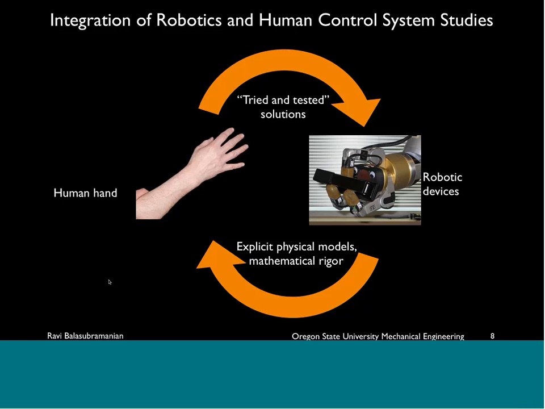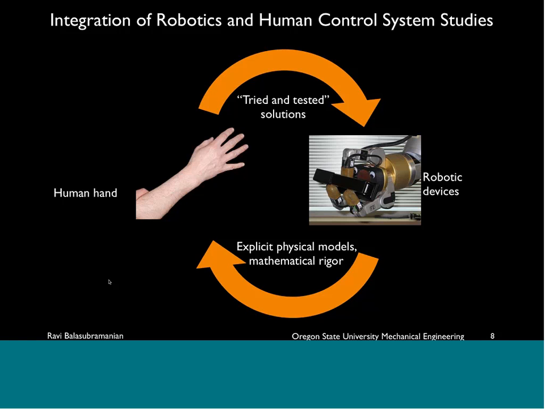And at the same time, because studying the human biological system is pretty complex, for example, the human hand alone has about 35 muscles in it and has 17,000 sensors in it, we build robotic devices from which we can derive explicit physical models and mathematical techniques to derive insight into the biological system, such as the human hand.